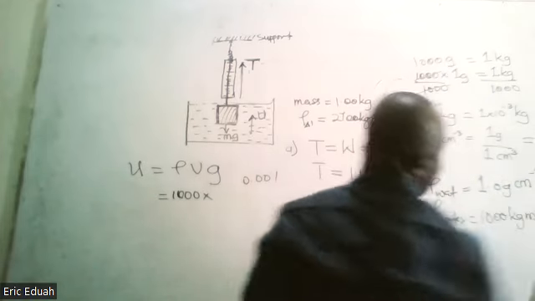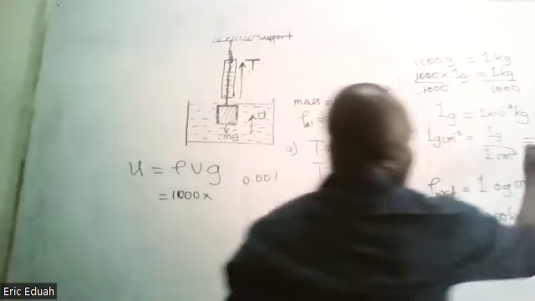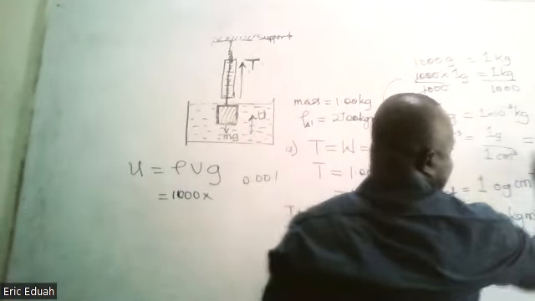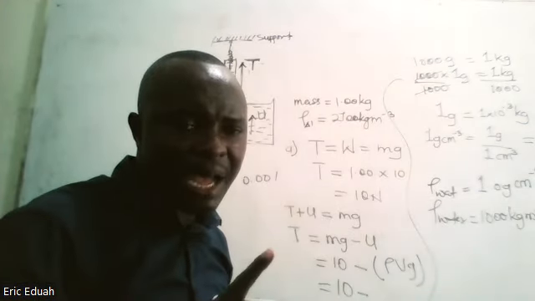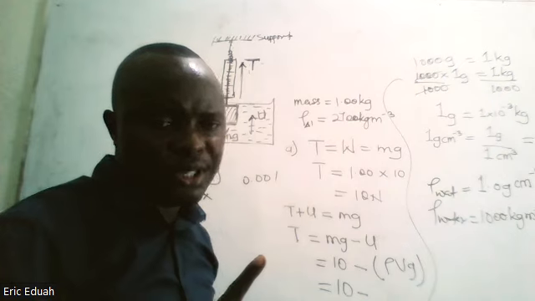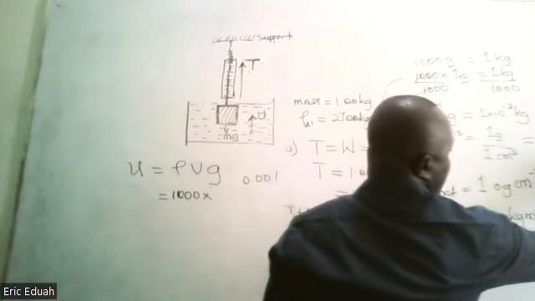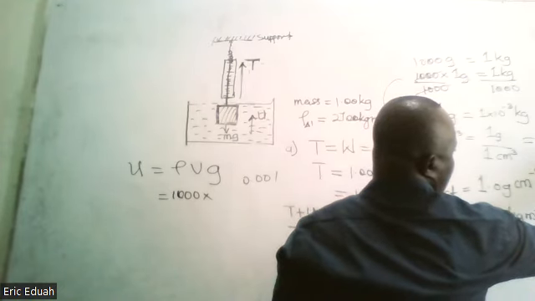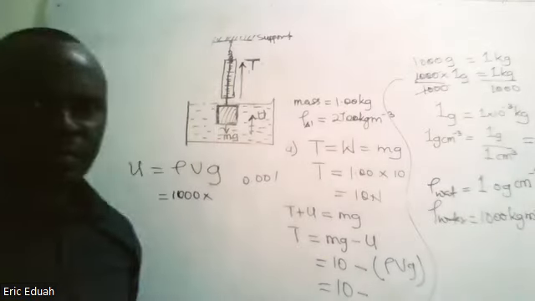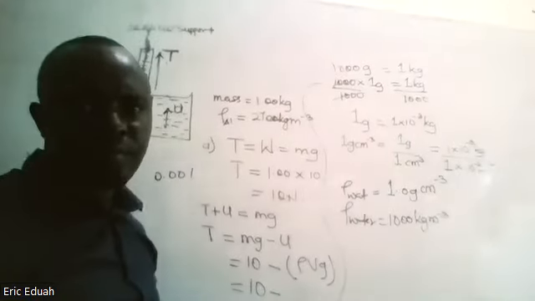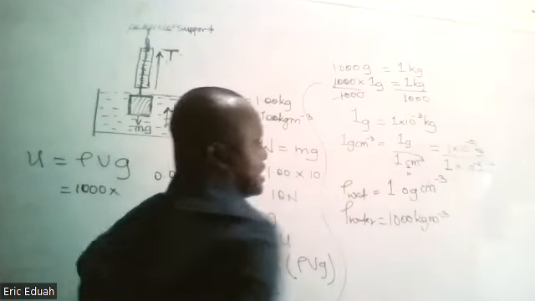Let's convert the denominator by using the prefix centi. The prefix centi means 10 to the power negative 2.